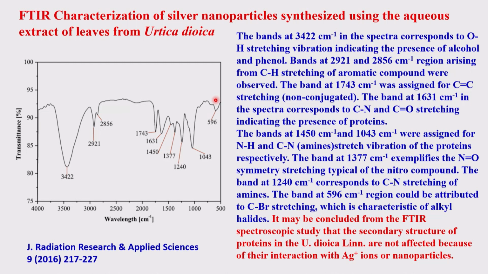Obviously, leaf extract has a large number of components, including proteins, many other phenolic related compounds, many nitro based compounds, and all of these kinds of things are possible. Maybe even some halo based compounds also. So it will not be just one single compound, but a large majority will be protein.